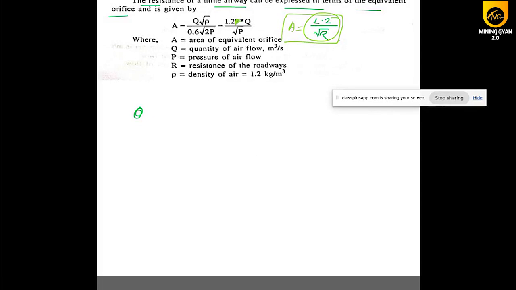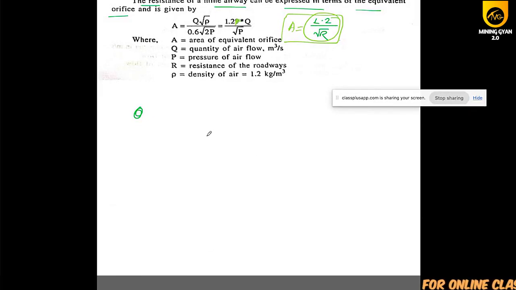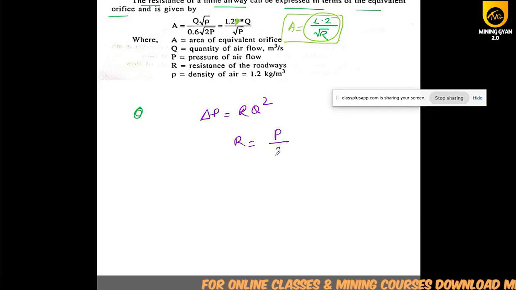divided by root R, and you already know that in the last, delta P or P equals RQ square. So from here, R you can write as P by Q square.